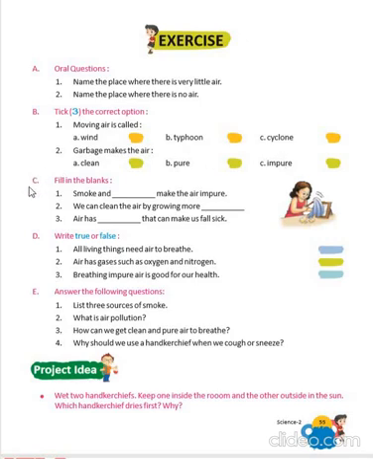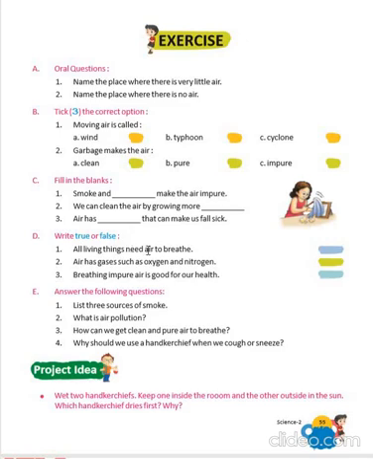Now come to C. Fill in the blanks. Smoke and dust make the air impure. We can clean the air by growing more trees. Air has germs that can make us fall sick. Now come to D. In this we have to write true or false.